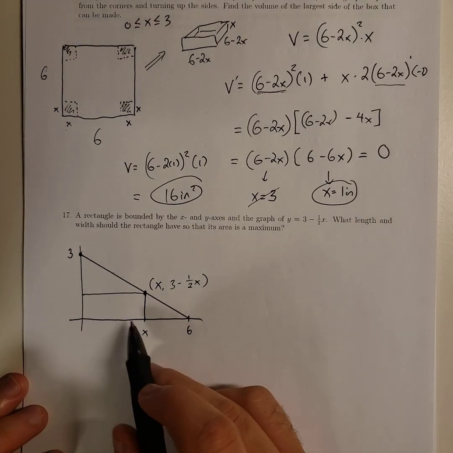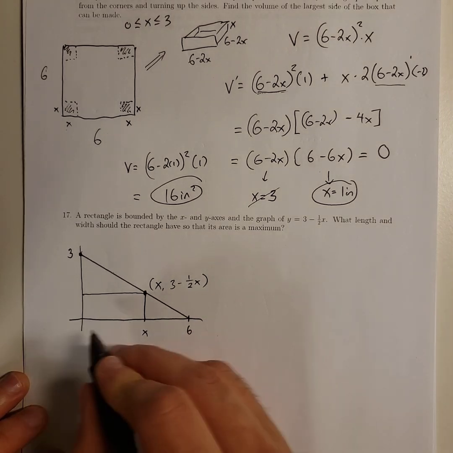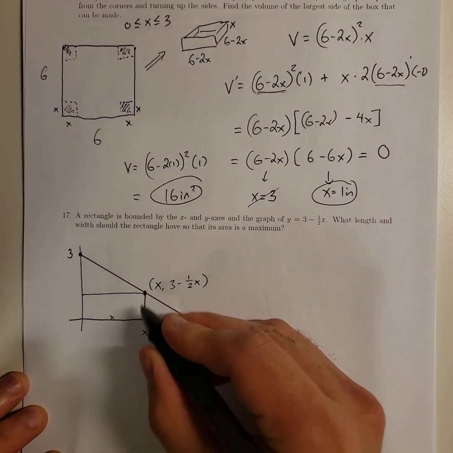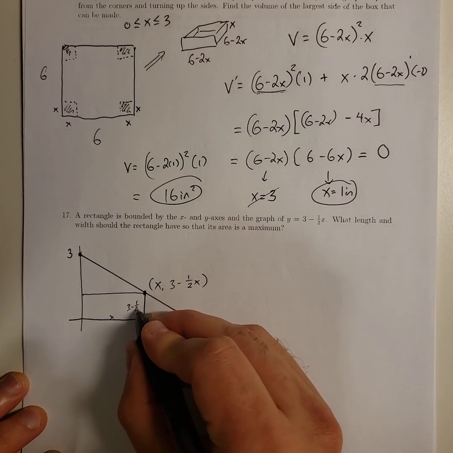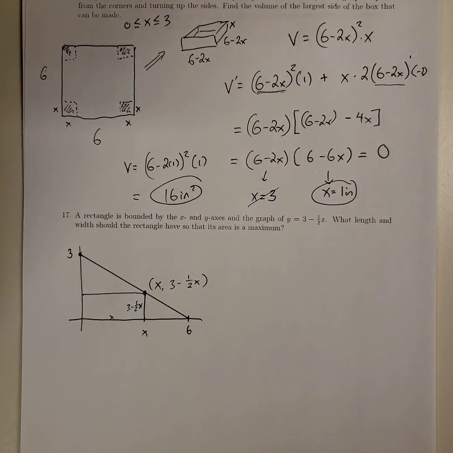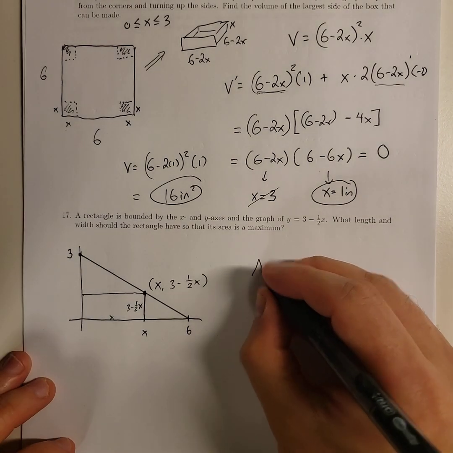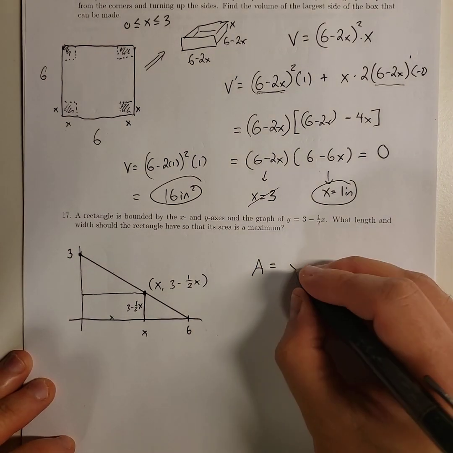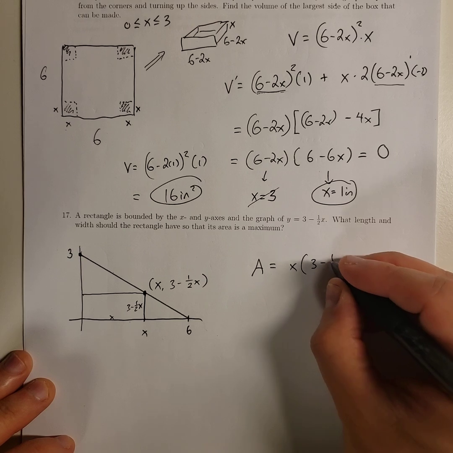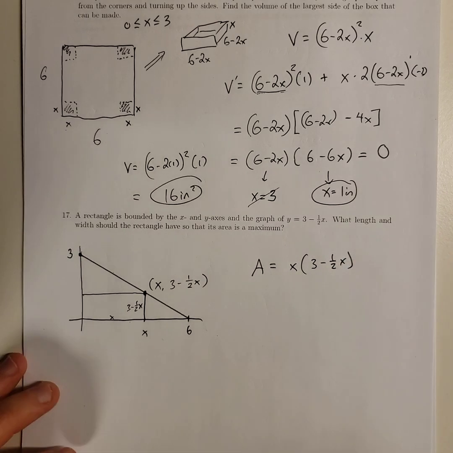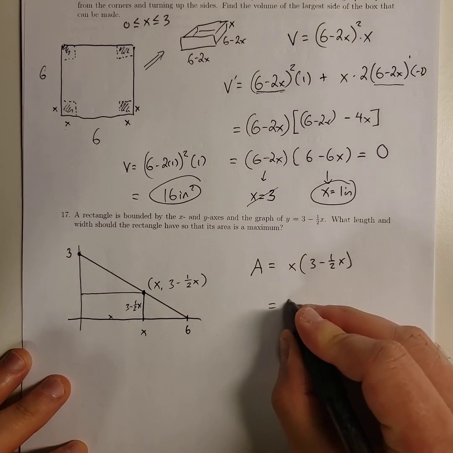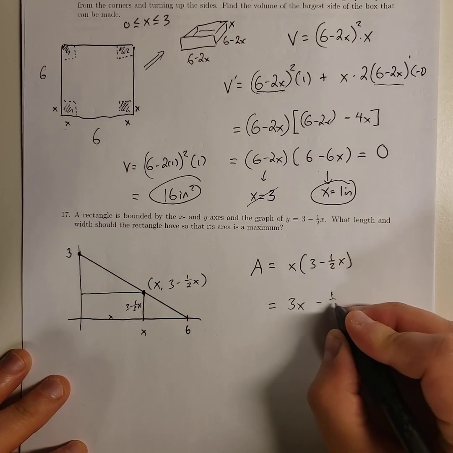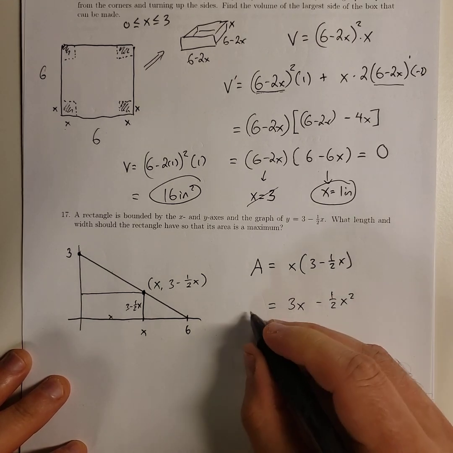And so the area of this, this length would be x, and then the height of the rectangle would be the y coordinate, so 3 minus 1/2 x. So we have area just in terms of x, so x times 3 minus 1/2 x. And we don't really need the product rule here because we could just distribute the x, so 3x minus 1/2 x squared, and we can take the derivative from there.